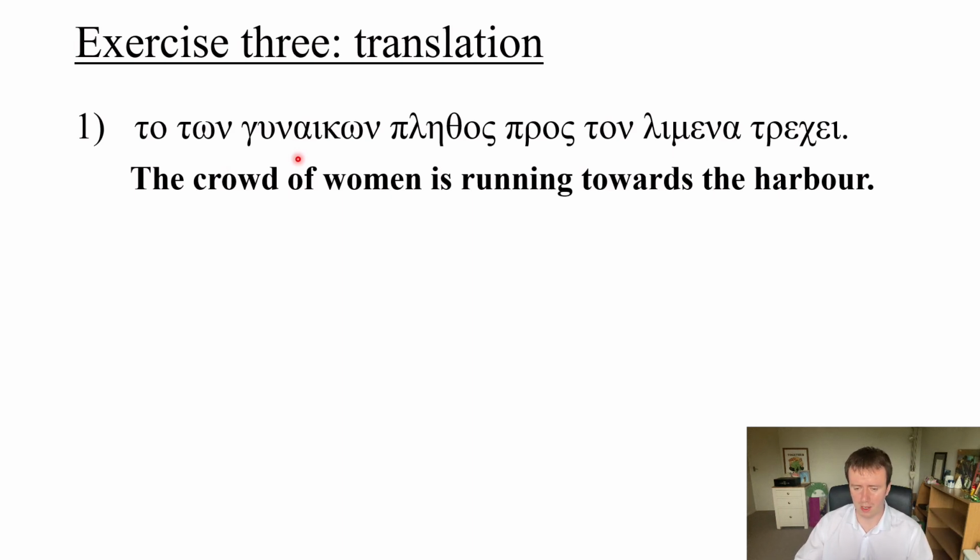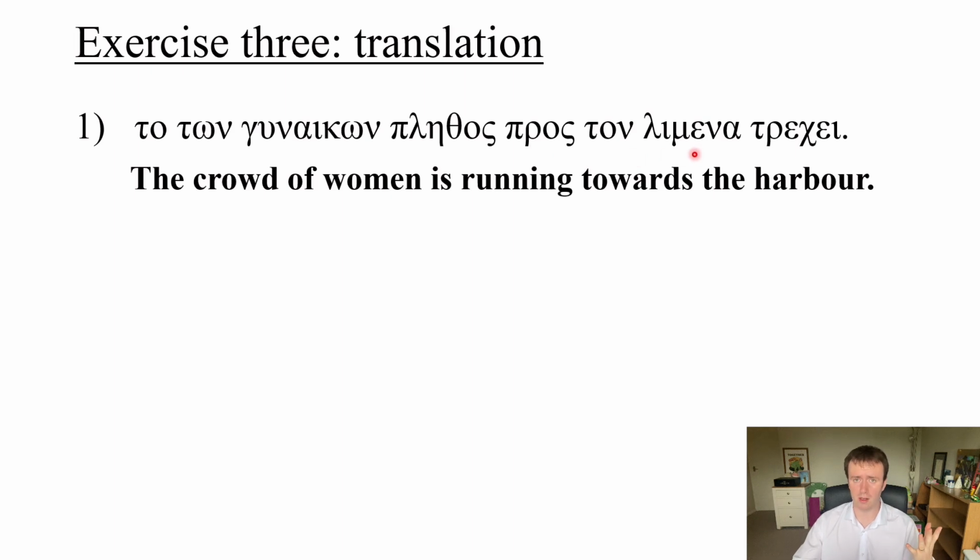The crowd of women, and then we've got pros ton limena. Pros is a preposition governing the accusative, and it means towards, and the thing that something is going towards, therefore, goes directly after pros, and it goes in the accusative. And that thing is right here, ton limena, which is the harbour.